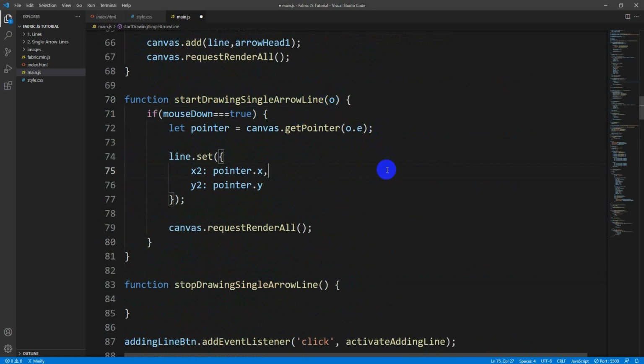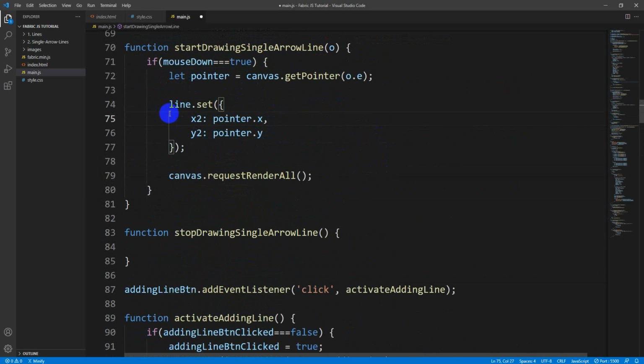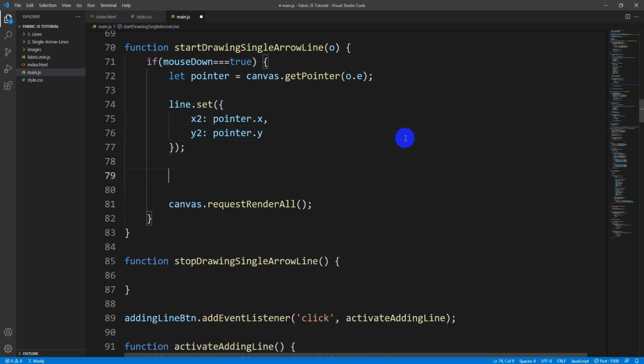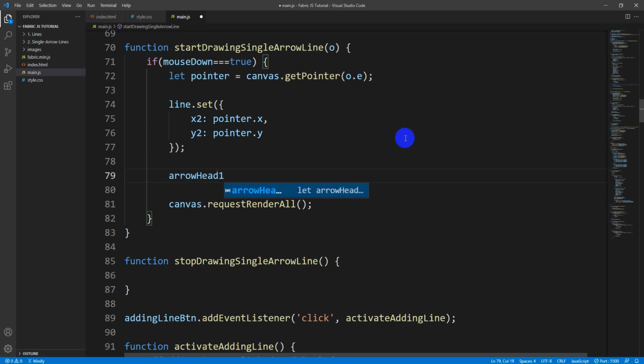Now what it says is, if mouse down is true, the pointer will help us get the coordinates of the cursor. So the line will be set to x2 and y2, the new coordinates. We also need to make sure that the arrowhead follows the cursor as well, so this is something different. The arrowhead, we gave it a variable of arrowhead1, and we have to set this as well.